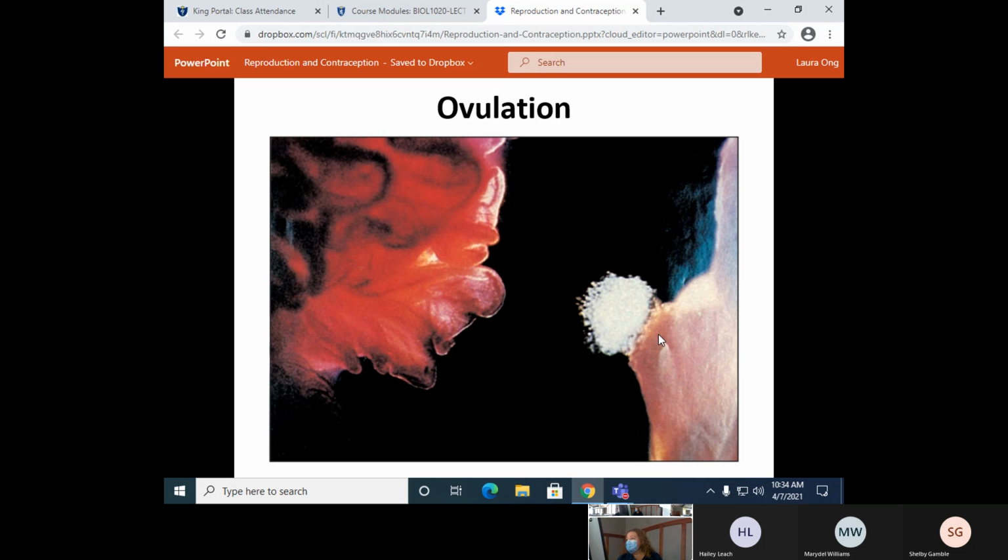And can the egg completely miss? Yeah, they can. There have been some bizarre cases where women have had a blocked fallopian tube on one side, or the ovary on one side was not working but the tube was open, and the ovary on the other side was working but the tube was blocked.